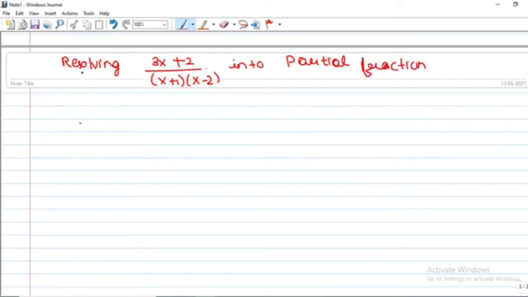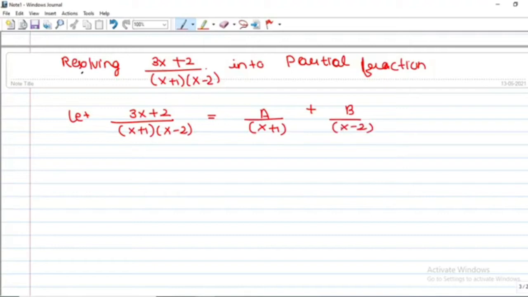If we resolve, what are we getting? Let (3x + 2) upon (x + 1)(x - 2) be equal to A upon (x + 1) plus B upon (x - 2). Do you agree with this?